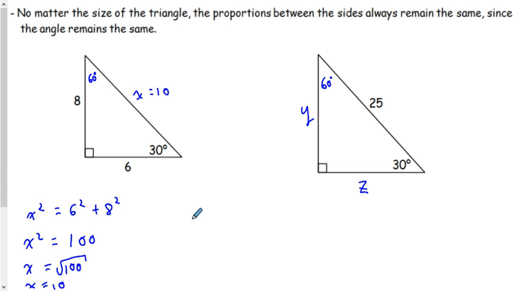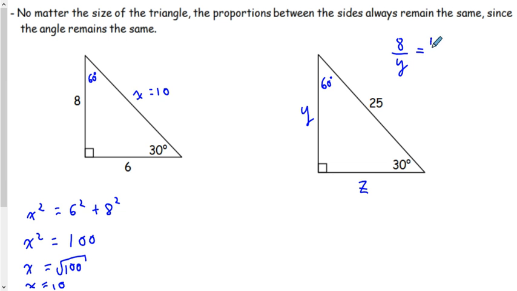Now you'll notice that the ratios between these sides on these triangles are going to be the same. If we actually set up the proportions and were to figure these out, let's set up the whole proportion. Looking at the other triangle here, let's compare 8 on my triangle on the left to y on my triangle on the right.